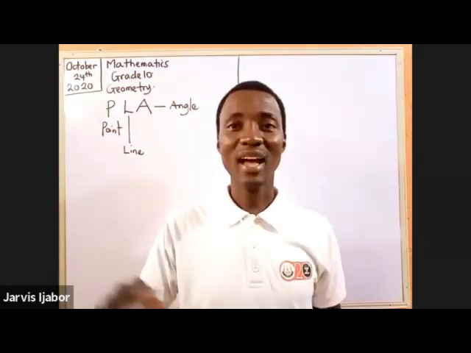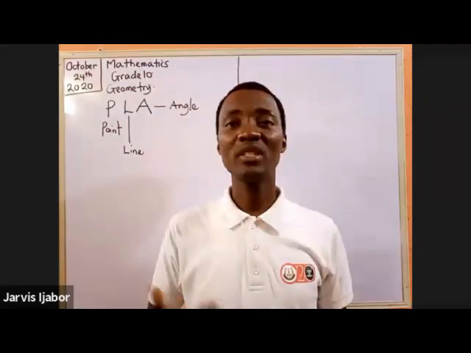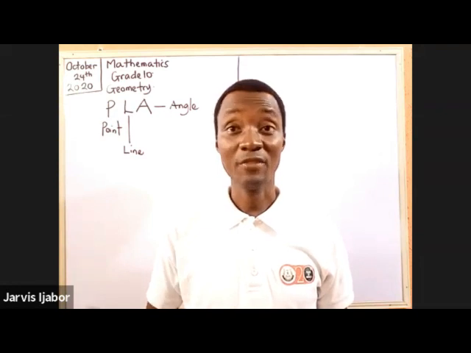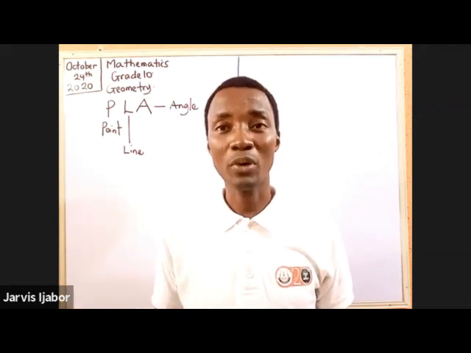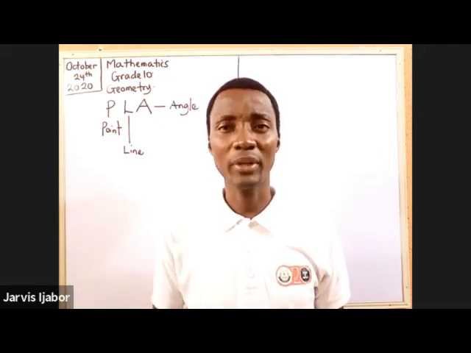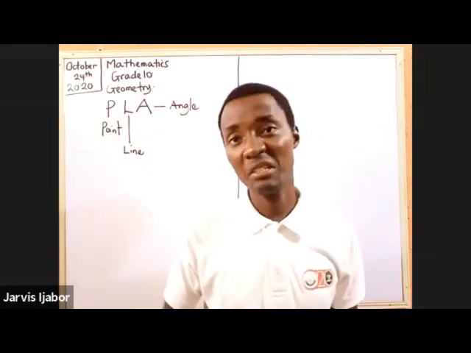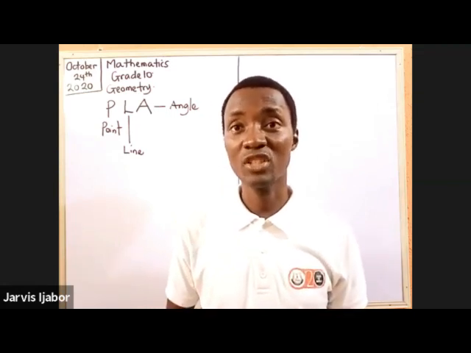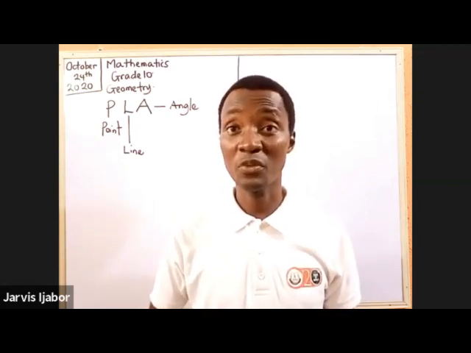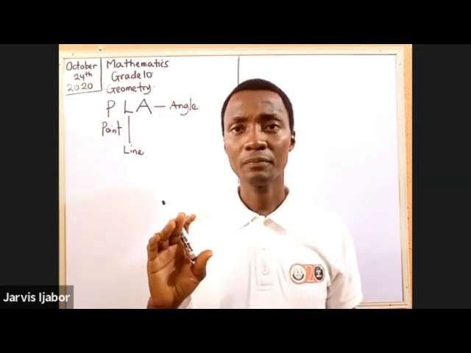Now, the greatest task for you as a student is to find out how these terms connect. Because I just mentioned a point, a line, an angle. How do these ideas connect? My experience in teaching mathematics over the years, close to 7 years of professional teaching and about 6 years of unprofessional, if not more, has taught me something.